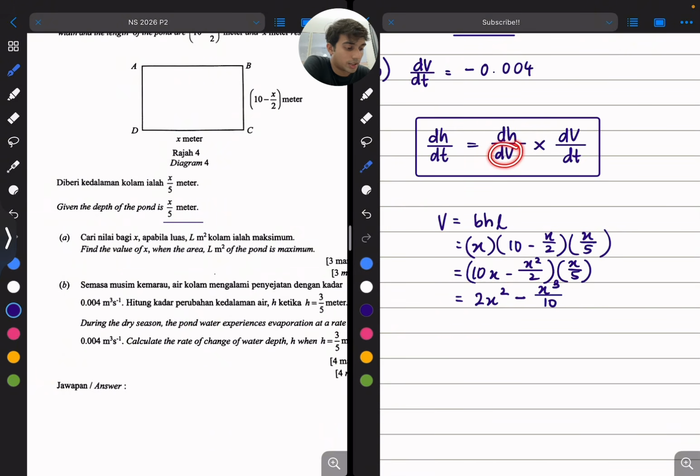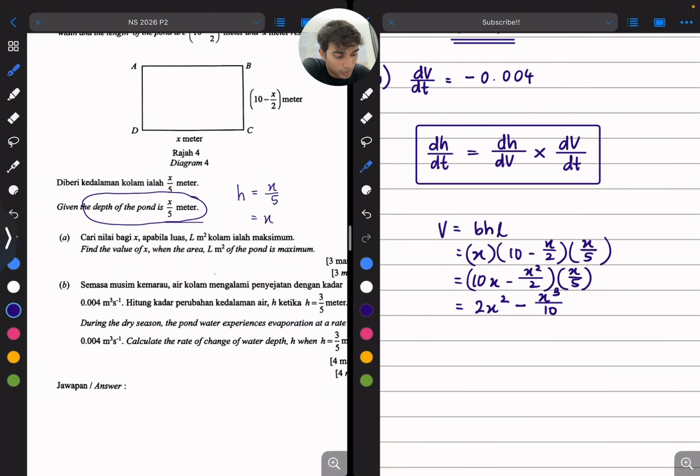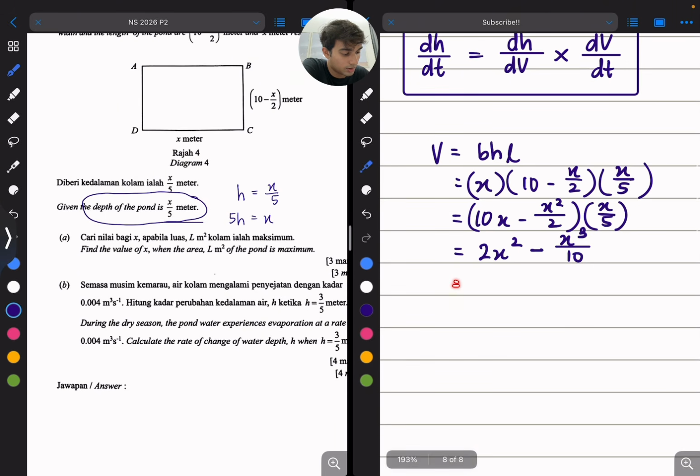But if you want volume in terms of h, we need to sub the x with h. Okay, but we cannot just literally sub it with h. We need to find the relationship between h and x. So they already gave us that the depth is x over 5. So h is x over 5 means x will be 5h. So whichever got x here, we sub it with 5h. Okay.